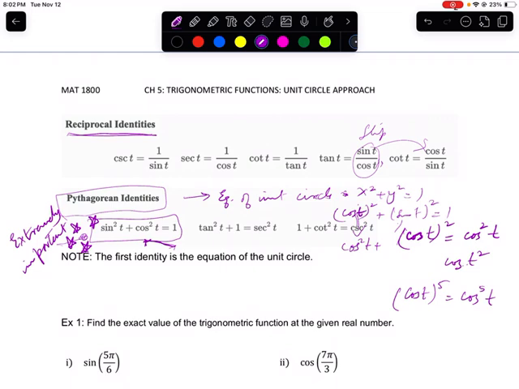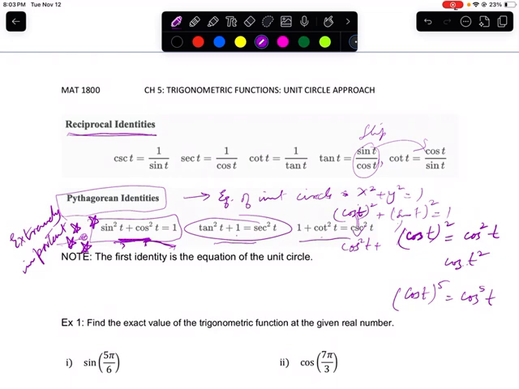Now from this identity we can actually get these, so these are secondary. This is the most important one. If you remember this, you can get those. We will talk about that later, how we can get those. But for now, sine square t plus cosine square t is equal to 1. This is kind of basic Pythagorean identity.